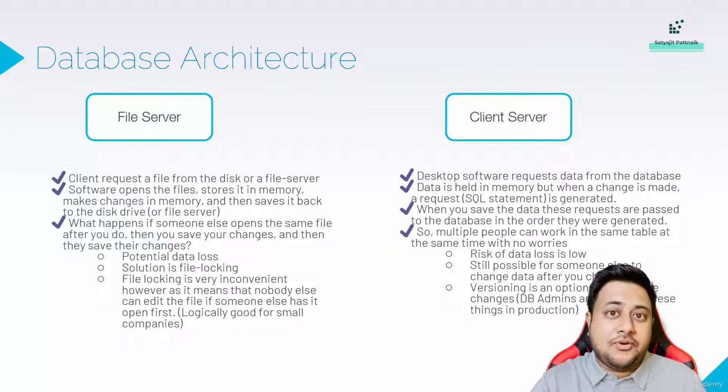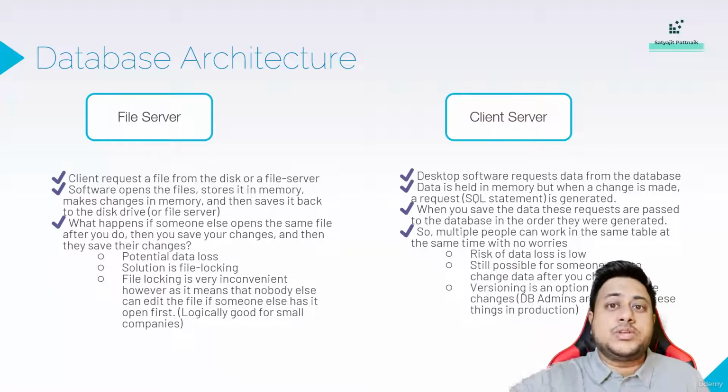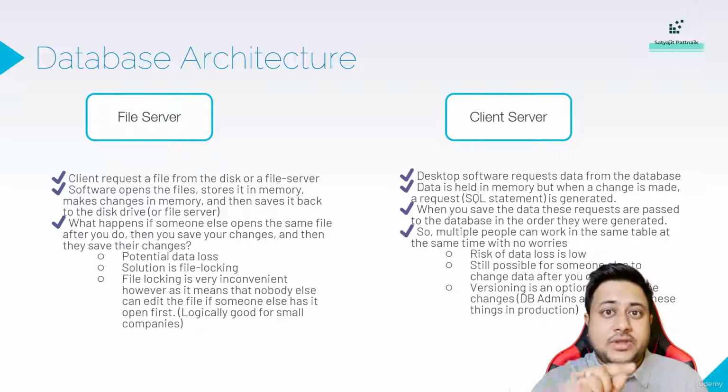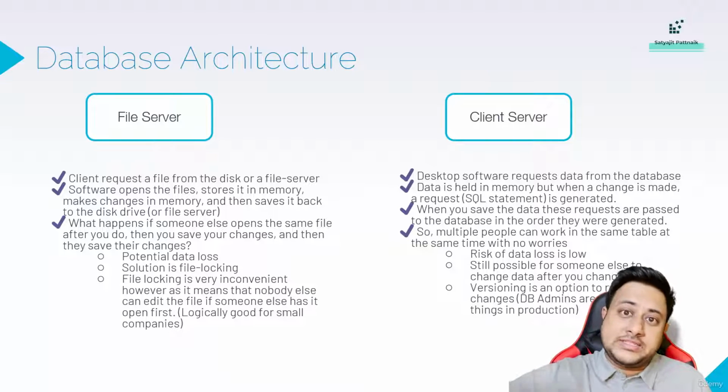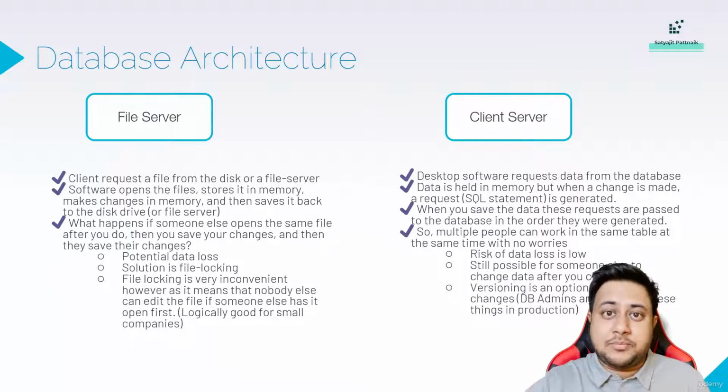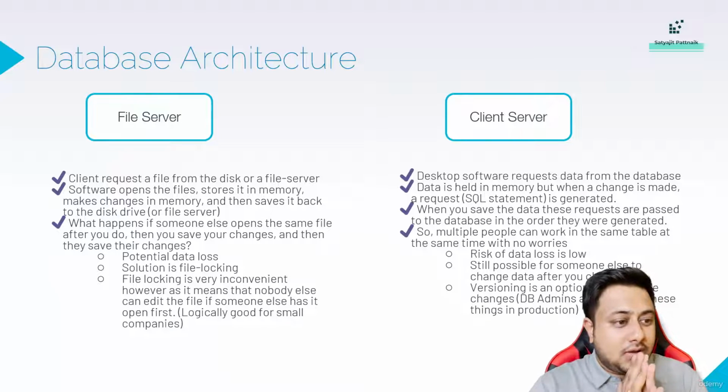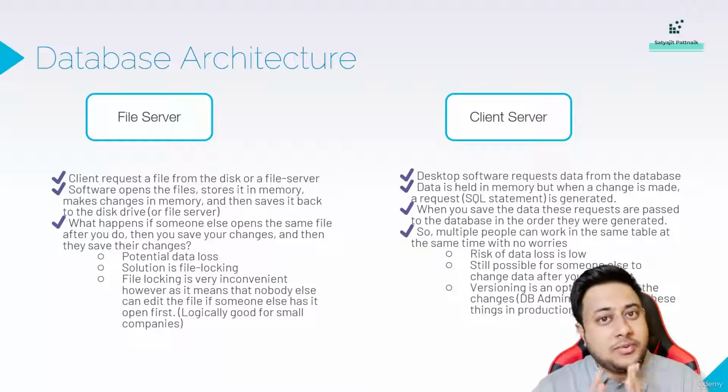Whenever you are opening a file, if some other user is using it, you will get a notification that your file is open in read only mode. That means your file is open on some other PC at that particular time. So that is called file locking. So a solution to data loss is going to be file locking.